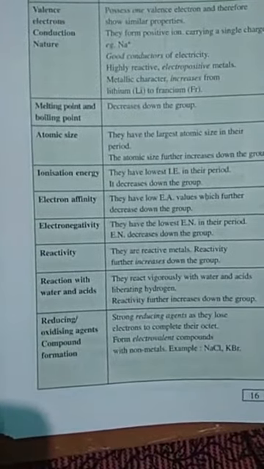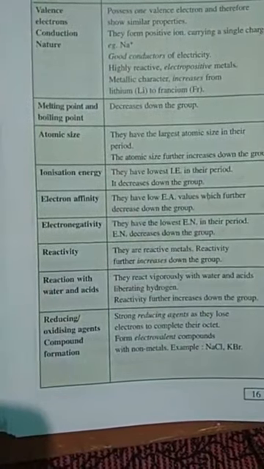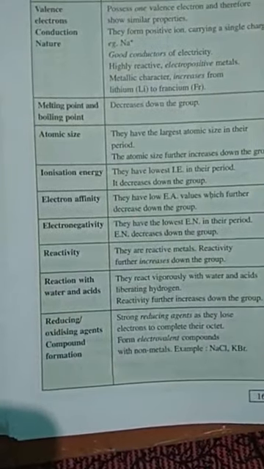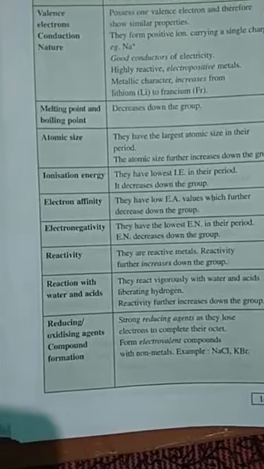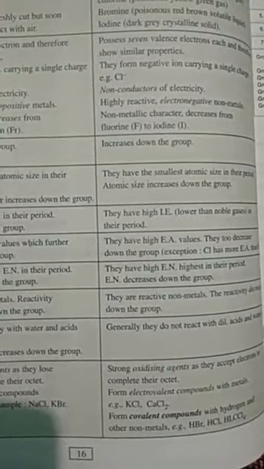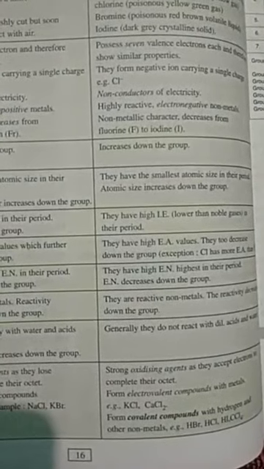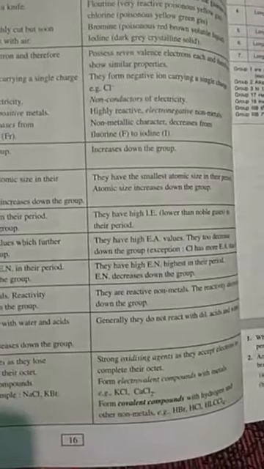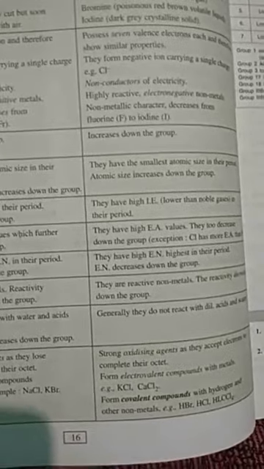Reactivity. Alkali metals are very reactive and its reactivity increases as we move downwards. But halogens are very reactive elements, but their reactivity decreases as we move downwards.